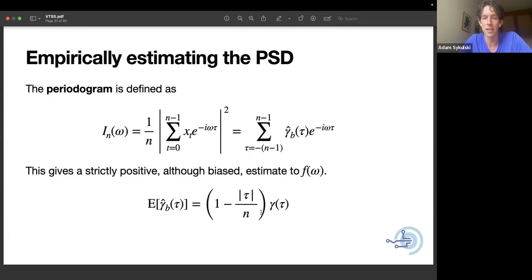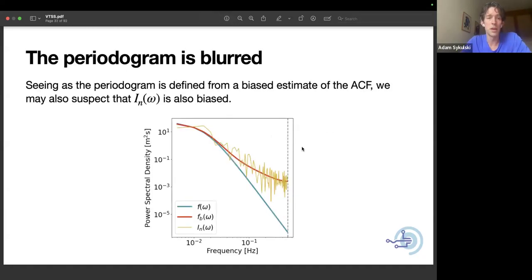Because we divide our sample autocorrelation by n everywhere rather than by n minus tau for the unbiased version. So we get this bias. But because the periodogram is the Fourier transform of the biased sample autocorrelation, we can expect bias in I as well, just visually from this slide. So this bias translates to a sort of blurring of the periodogram.